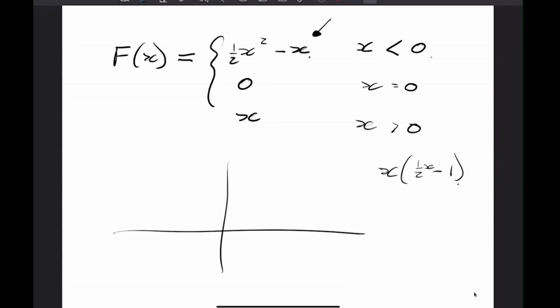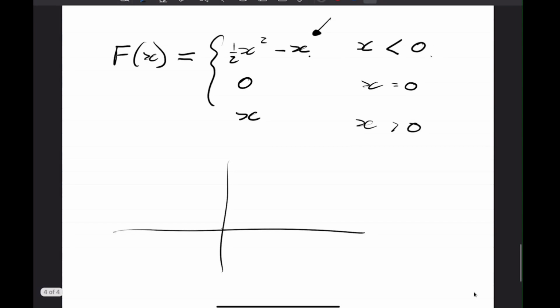So this quadratic has a root at 0 and at 2, looks like. So to the left of 0, what does the graph of big F look like? It looks like a quadratic that has a root at 0 and at 2. But we're only looking at the part where x is less than 0.